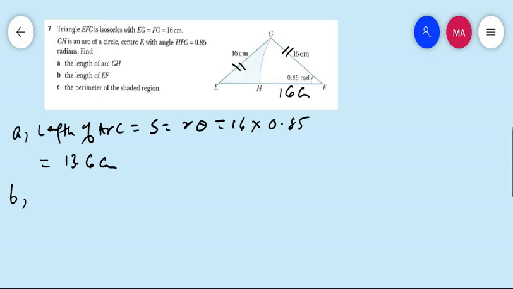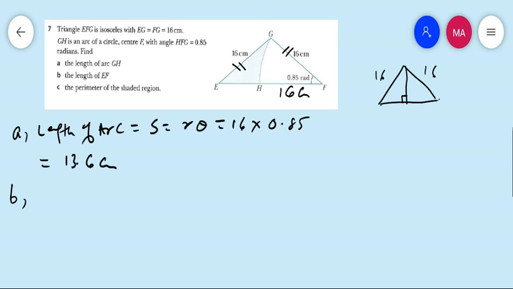Just wait, this is an isosceles triangle. If we drop a perpendicular over here, this is 16, this is 16.